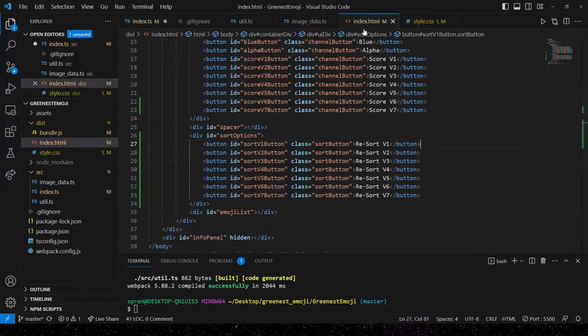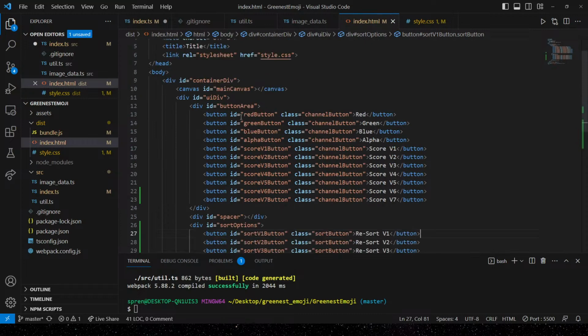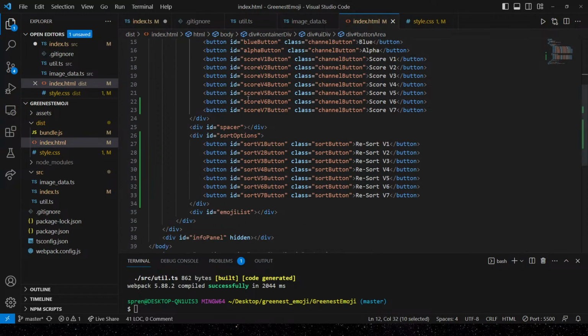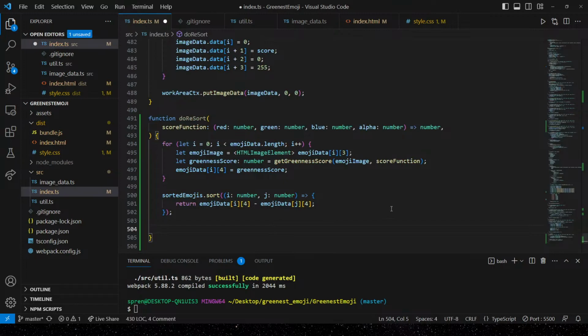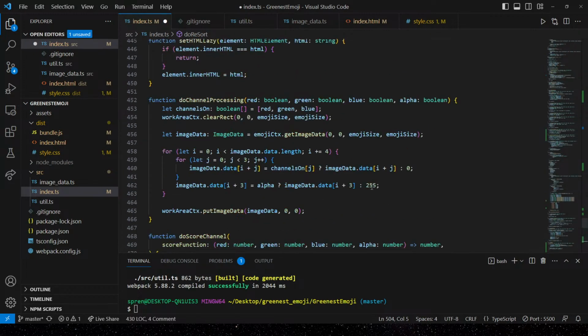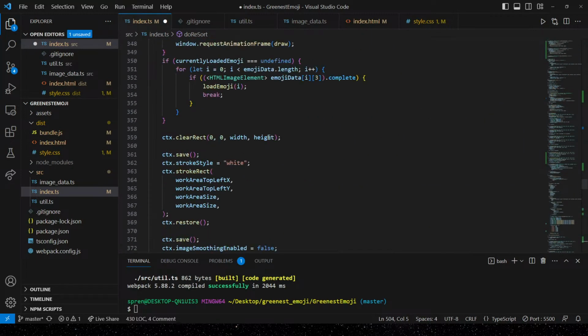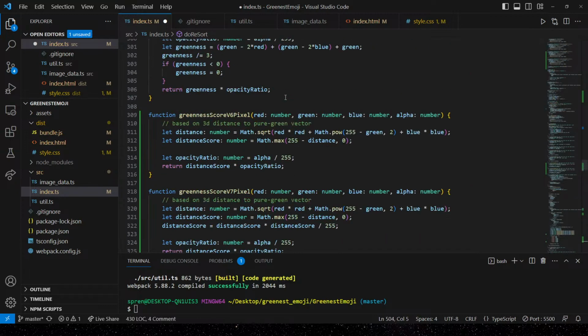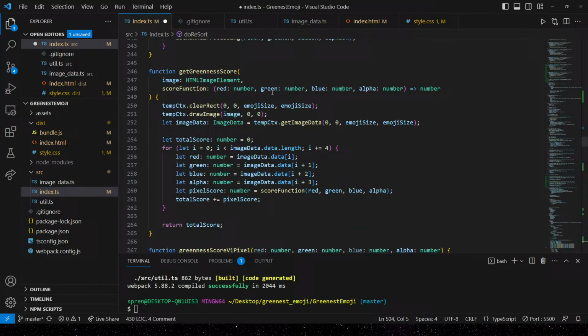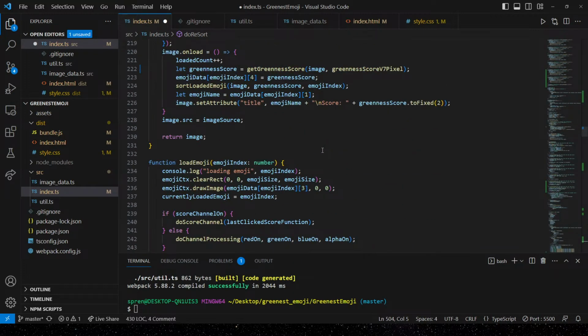So we sort of need to clear, what are we clearing? Emoji list? We need to clear emoji list. Yeah, so we need to be like, oh, frick. The code that creates the emoji element itself is not in a function.